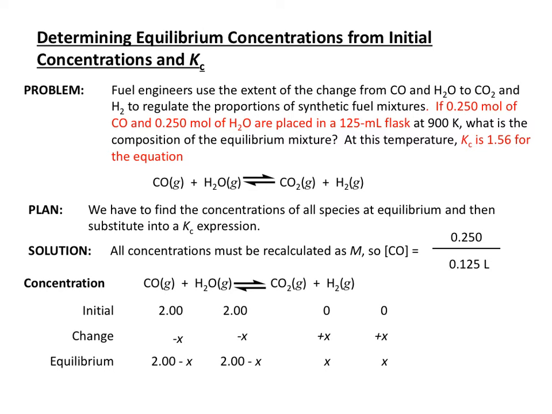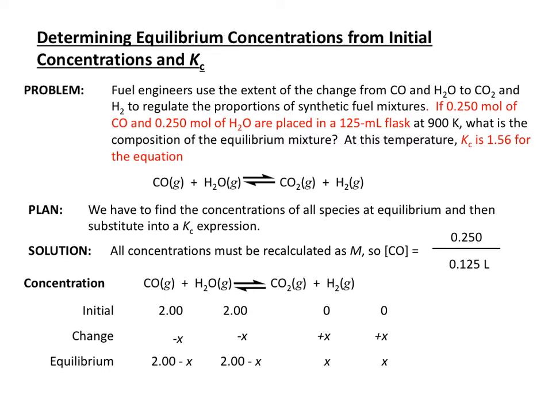If 0.250 moles of CO and 0.250 moles of water are placed in a 125 milliliter flask at 900 K, what is the composition of the equilibrium mixture? At this temperature, Kc is 1.56 for the equation below.